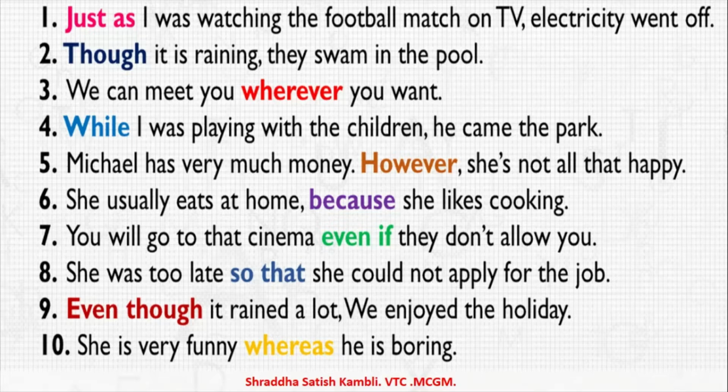Though it is raining, they swam in the pool. Next, we can meet you wherever you want. Wherever is the conjunction. While I was playing with the children, he came to the park. So here, while is the conjunction.